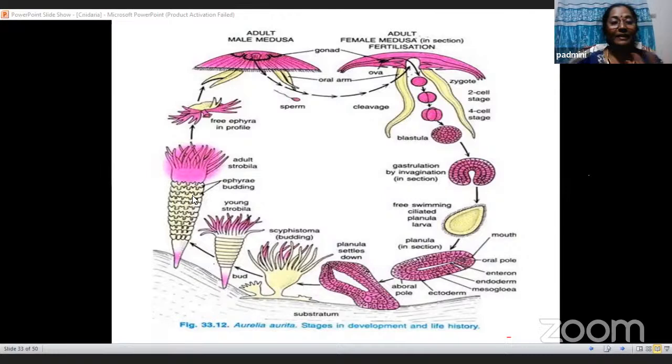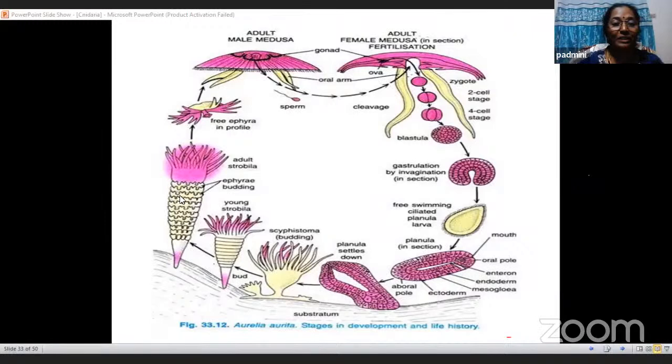As the young strobila grows into an adult strobila, each ephyra separates from the adult strobila and is released in the water. So they become free ephyra. Each segment is one ephyra.